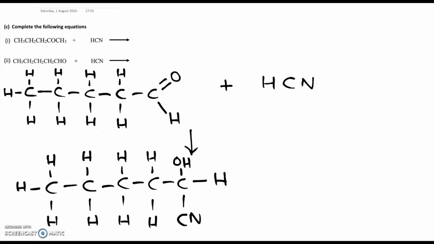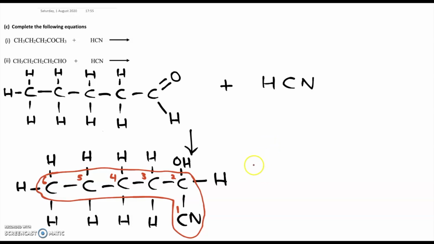Now that is a hydroxynitrile, and to name this hydroxynitrile I need the longest chain that contains the CN group. So this is now 6 carbons long. I'm going to number these carbons: 1, 2, 3, 4, 5, 6. So this compound is going to end in hexanenitrile, and the OH group is on carbon 2.